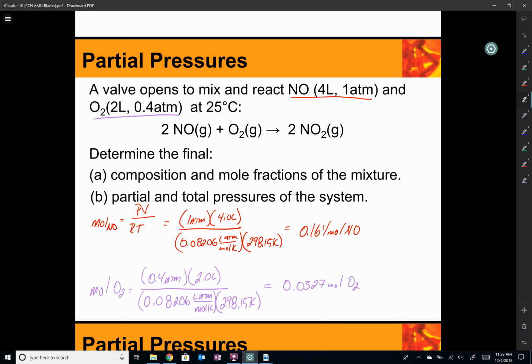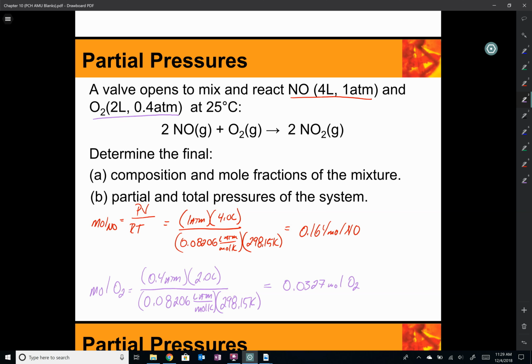Now we have a little bit more information here, something that we're a little bit more comfortable with. Now we could even read the question and say, we mix 0.164 moles of nitrogen monoxide with 0.0327 moles of oxygen. How much NO2 gets made, or how much of everything is left over?